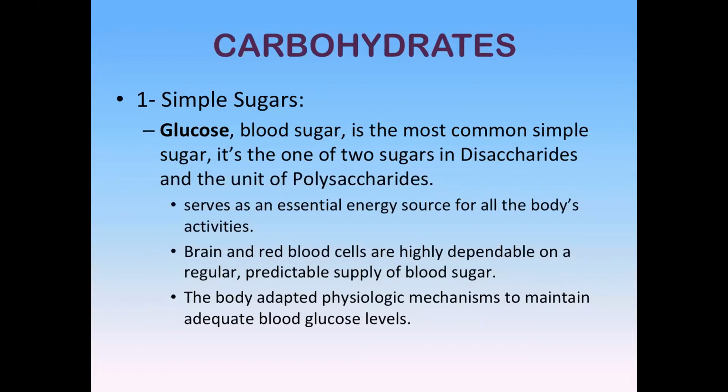Glucose is also one of the polymers that make the polysaccharides, or the complex sugar. So what does glucose do? It serves as an essential energy source for all the body's activity, as you all know. The brain and red blood cells are highly dependent on a regular, predictable supply of blood sugar, and the body has adapted physiological mechanisms to maintain an adequate blood sugar level.